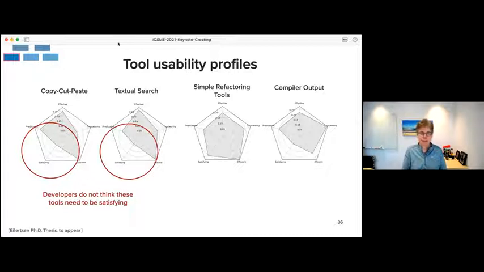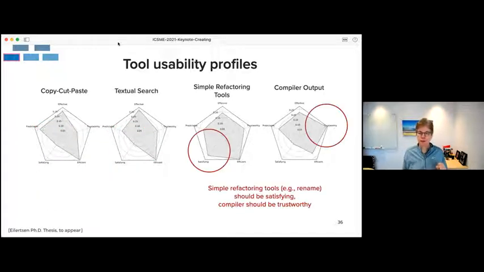So you can see here the radar plots for copy, cut and paste, and textual search. What's really interesting is that developers do not perceive their need for these tools to be satisfying. So they actually aren't looking for, in a sense, completeness of these tools. They're looking for tools instead that are super effective and efficient to use when they're doing these operations.